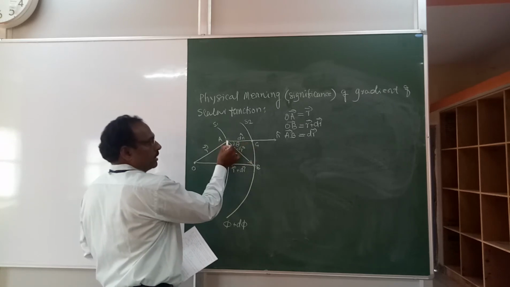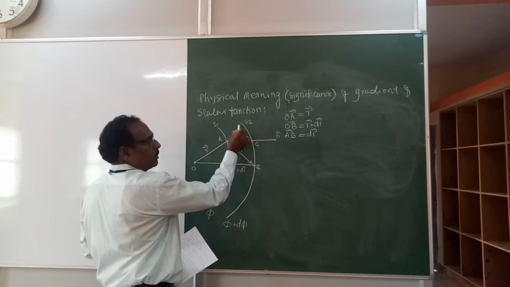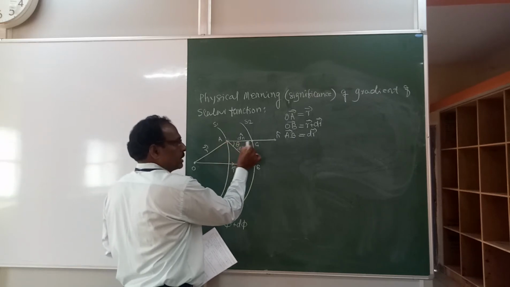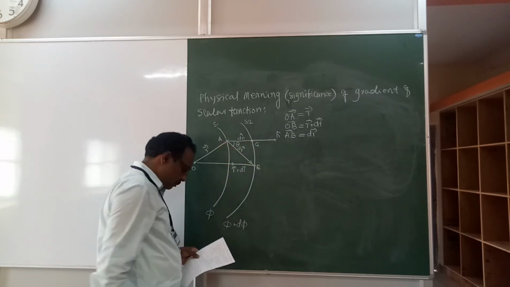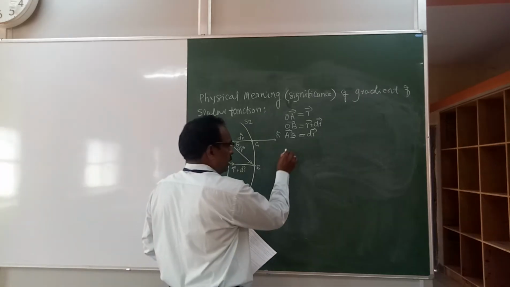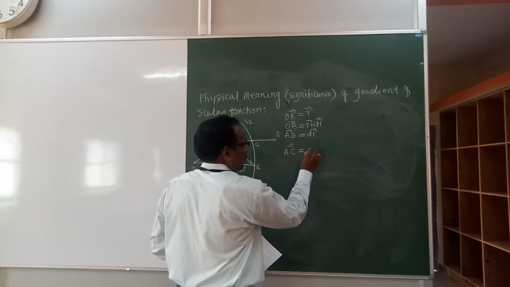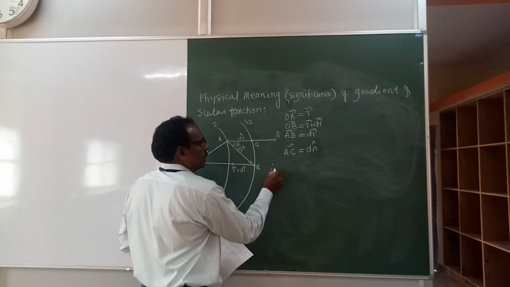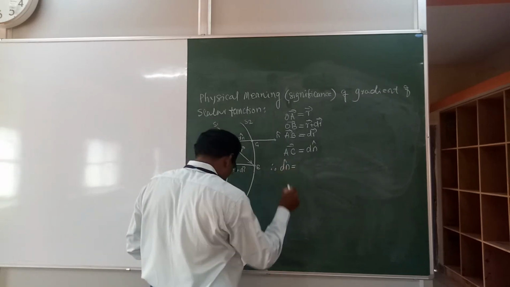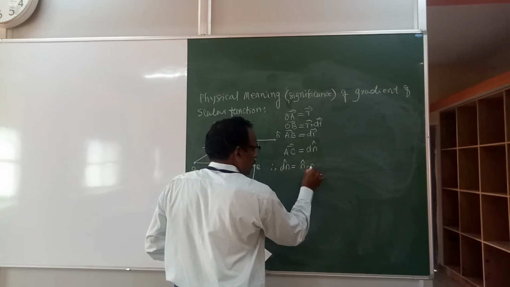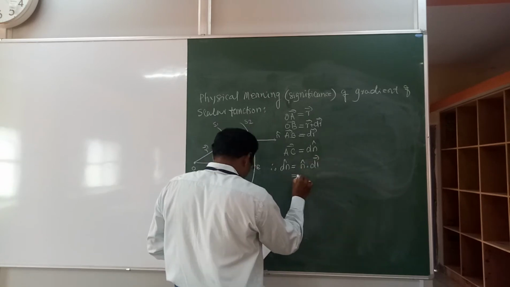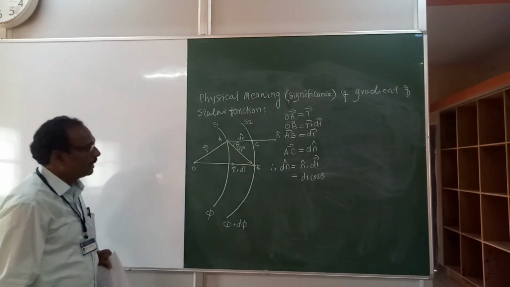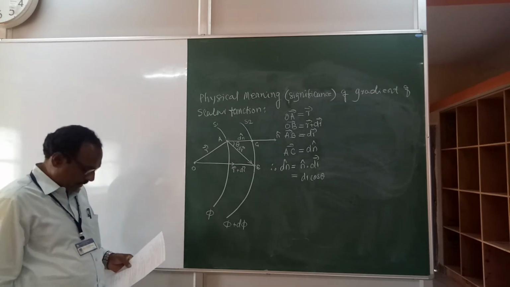I have drawn AC, the least distance between the two surfaces S1 and S2, and this least distance is along the normal drawn at point A. Let me write AC is equal to dn. Therefore, I can write dn is equal to n dot dr, or dr cos theta, where theta is the angle between dr and n.